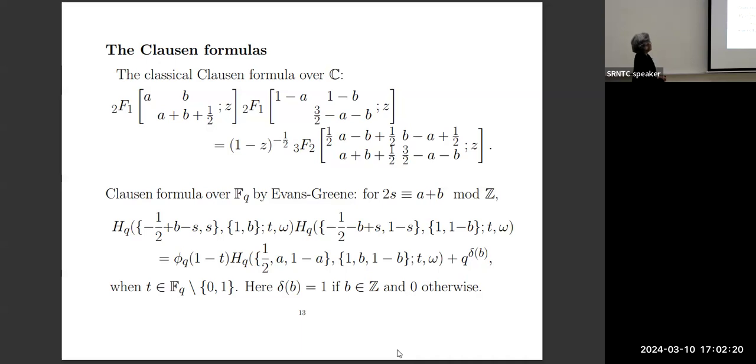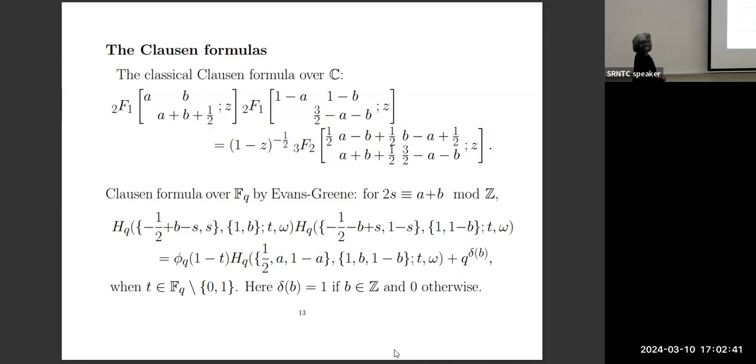The finite field analog of the Clausen formula was given by Evans and Greene. It's similar: it's also a product of two H_q functions, where q is a prime power.